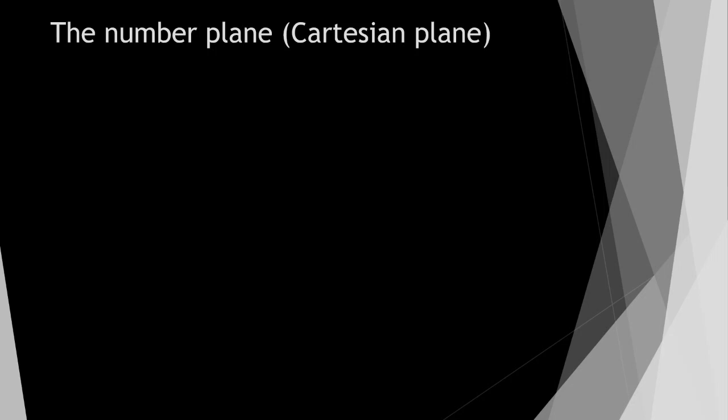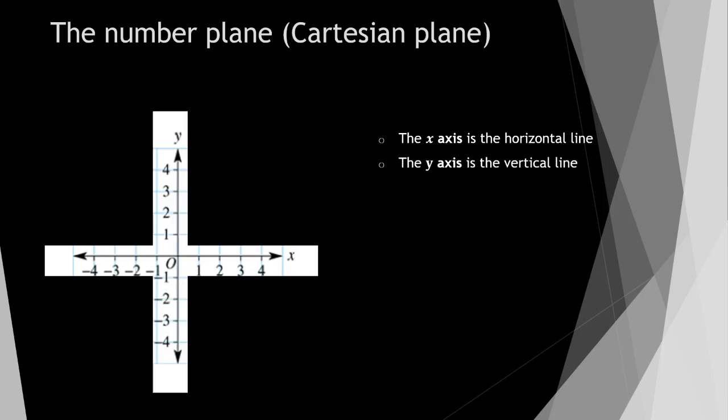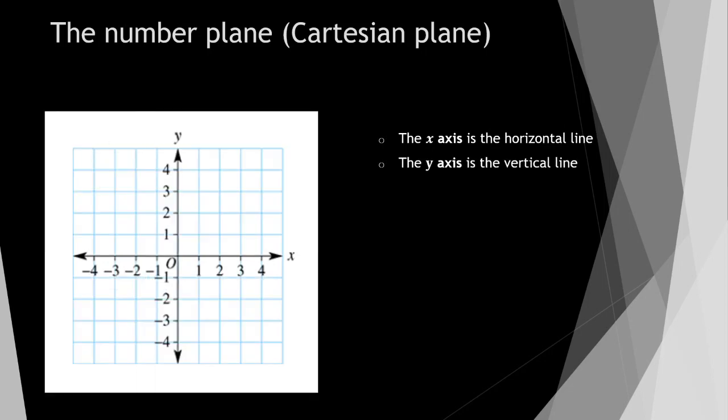So you may or may not have seen the number plane before or the Cartesian plane before, but we're going to start fresh, and we're going to start by saying that it's made up of the x-axis, which is your horizontal line, the y-axis, which is your vertical line, and altogether it looks like this. As you can see, it's broken up into 4 parts, and you kind of need to know these names.